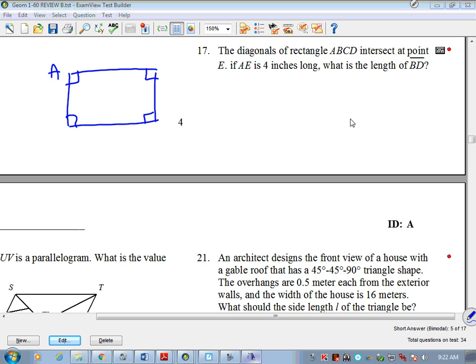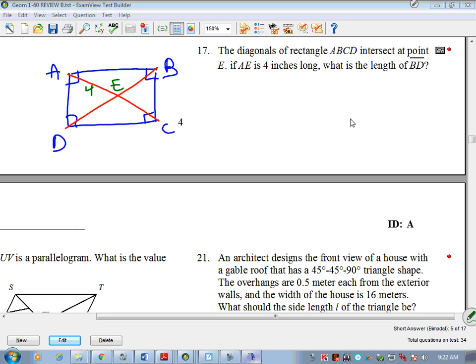Let's call it A, B, C, D. We have to go in order around. We're going to make some diagonals, and we're intersecting at point E. If AE is 4 inches long, what is BD?